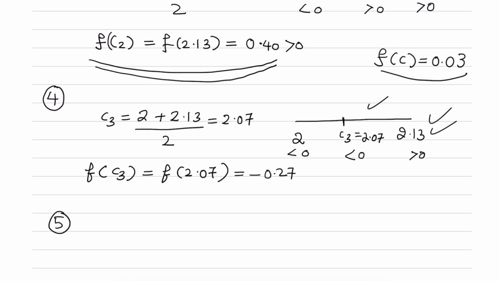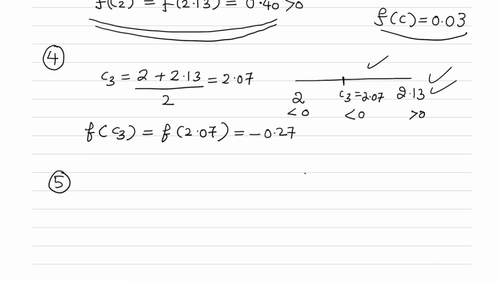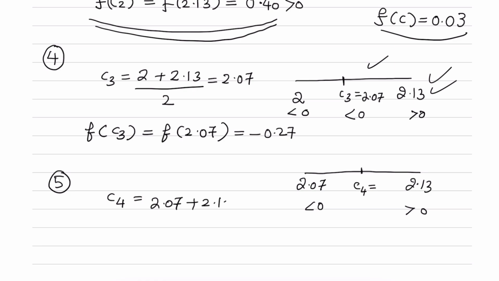So in the next part we will draw the next best interval, which is 2.07 and 2.13 along with the signs. We will bisect it by finding C4. C4 is 2.07 plus 2.13. We'll halve it and we will get 2.10.